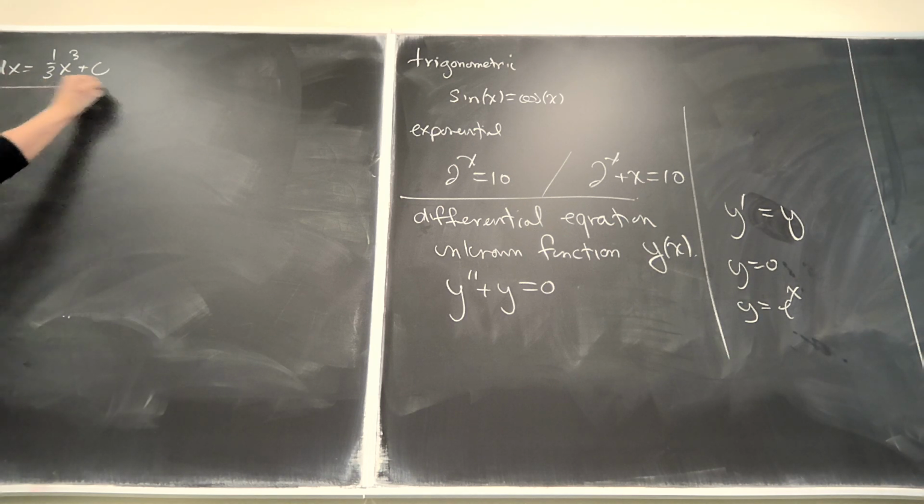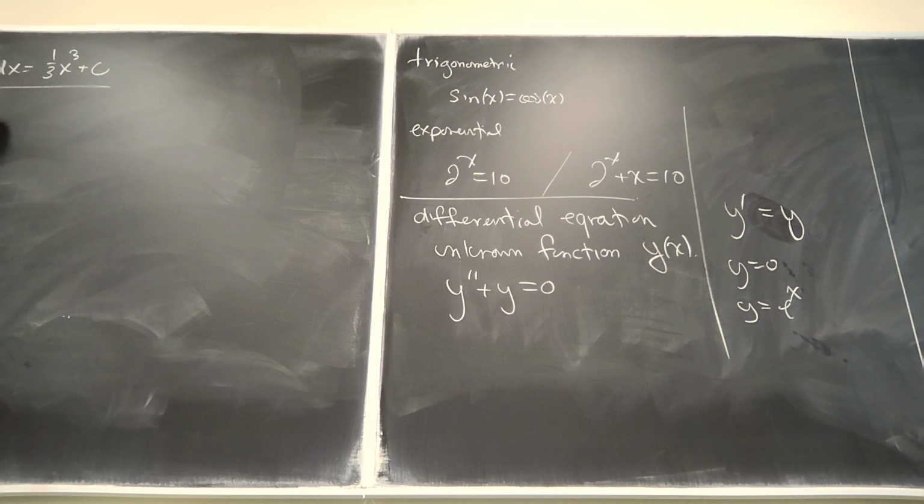You could rewrite this equation as, I've got some function whose derivative is x squared. Find y. So every indefinite antiderivative like this was a differential equation. We just didn't tell you. Find the function whose derivative is x squared is what that tells you to do.